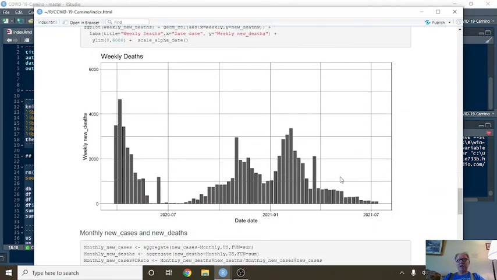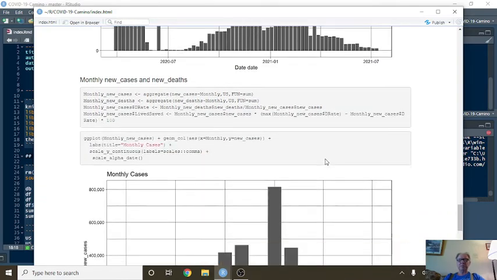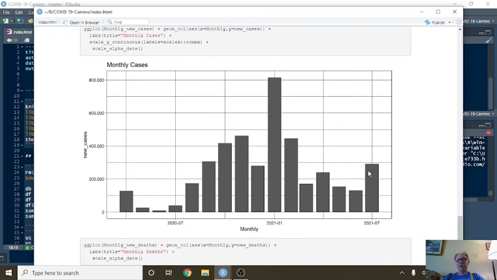Let's come down here now, because you can see we're not seeing a spike in deaths. You can see this continued downward trend in deaths here. What about monthly cases? Well, it's not particularly good. It was the highest number of cases in 5 months.